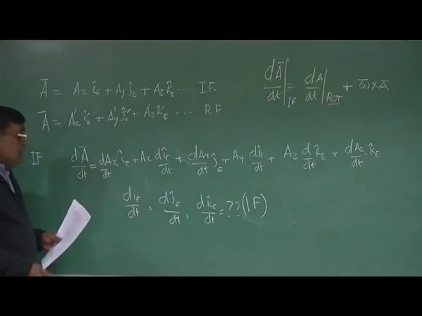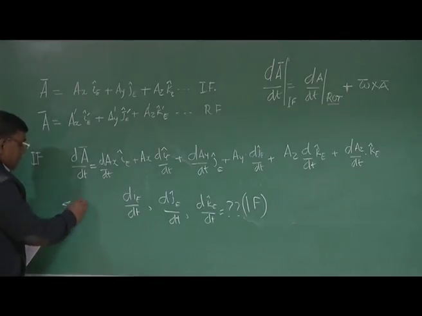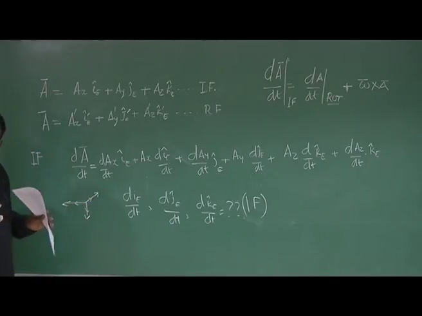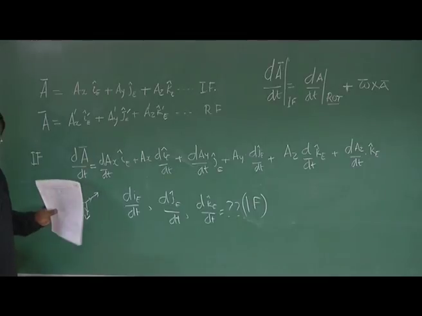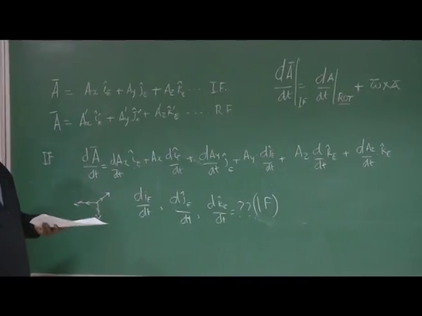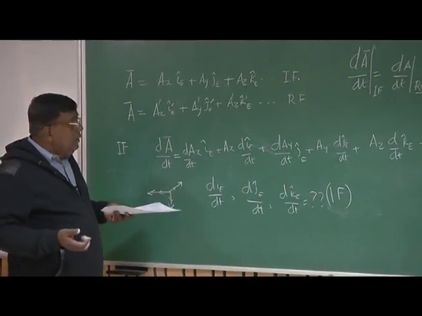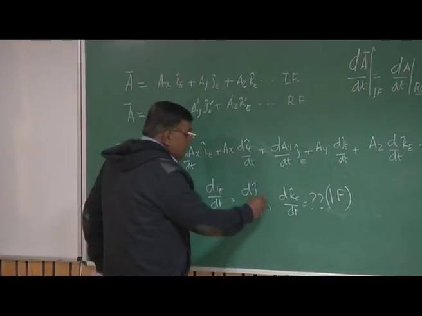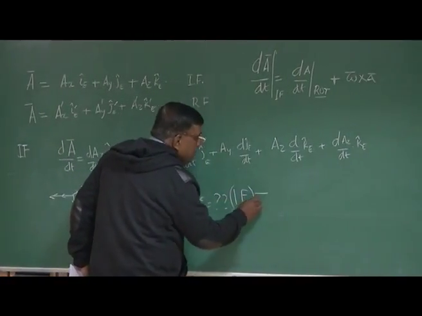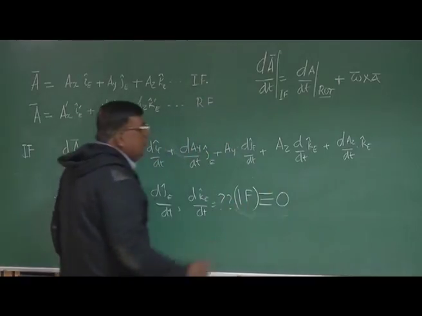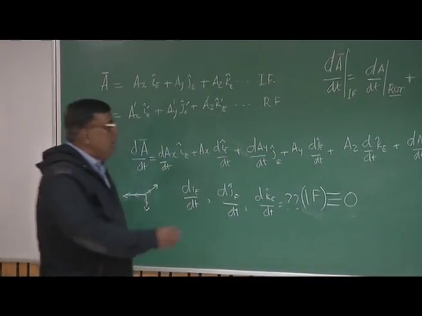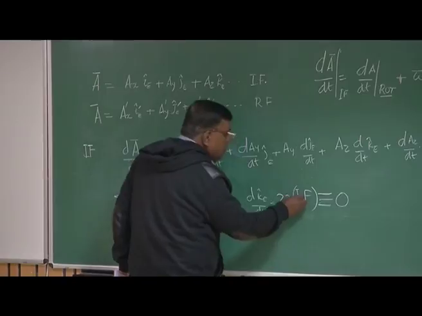What we know is that in the inertial frame, it is earth fixed, and the unit vectors along the x, y, z directions are not changing in direction or in magnitude. The magnitude is one, and it is fixed, not rotating. We have assumed that the earth is a non-rotating platform for our purpose. So these derivatives, since they are not changing, are equal to 0 in the inertial frame. Correct? Any doubt?